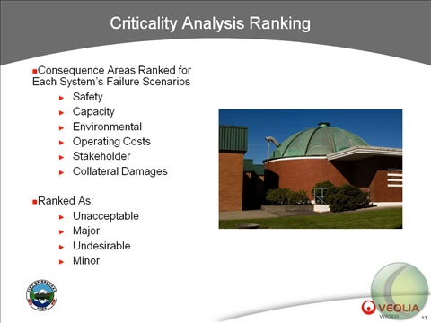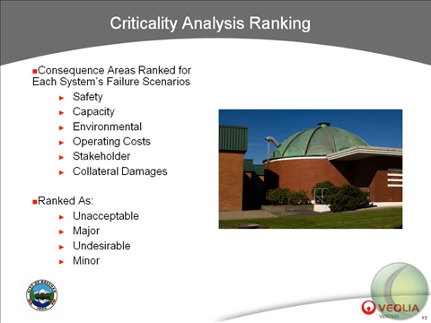For Gresham, this broke down into concerns for safe work environment, plant capacity, environmental regulations, operating costs, and other concerns for the neighbors, customers, employees, which we called stakeholders, and finally the potential collateral damage to other systems resulting from failure. If you're conducting a relative criticality analysis for a park or streets, you can see that the consequences listed would break down into some different areas of concern.